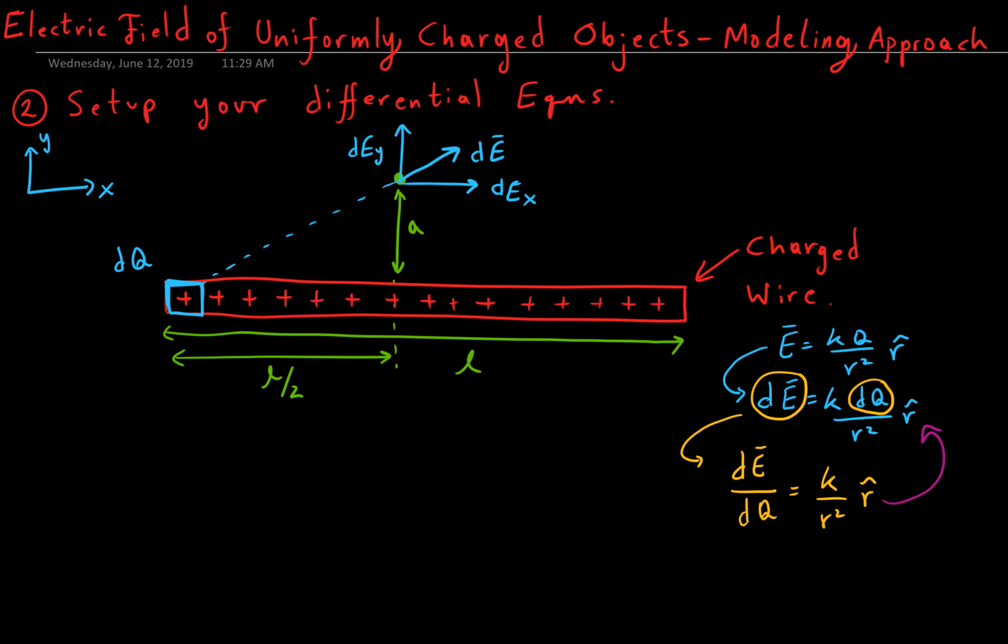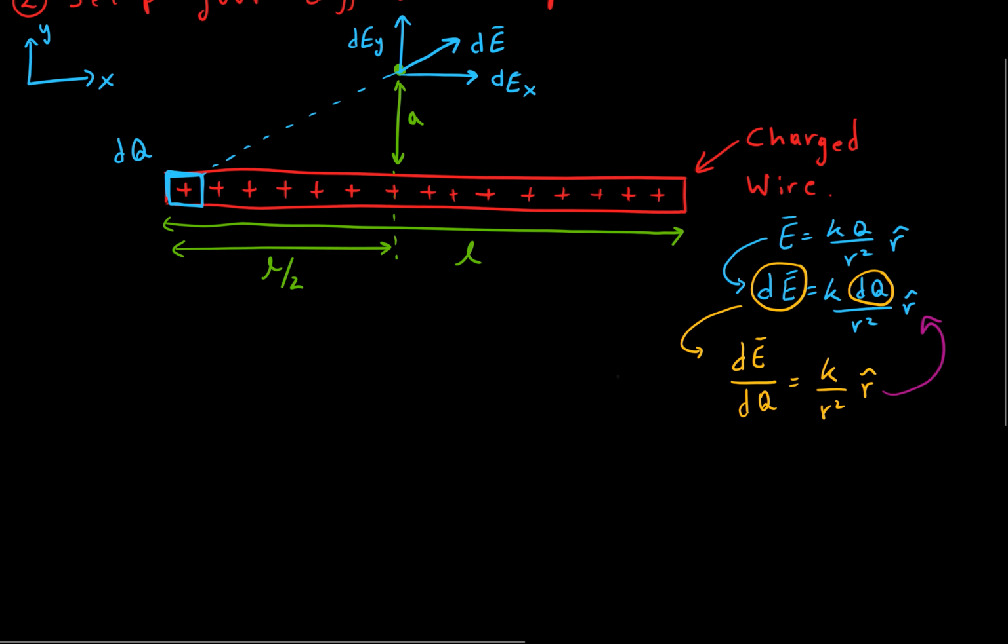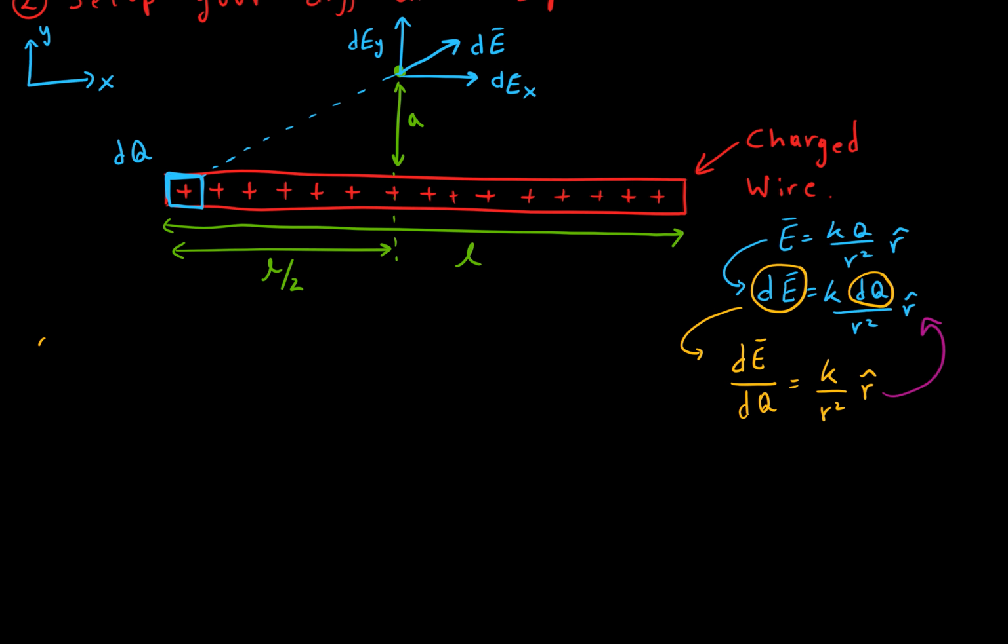So now, following this, it's pretty easy to describe our electric field. So here we go. We see for our first equation, dEy is going to equal k dq over, and if I consider here that I have a right triangle, I see that this leg is a, this leg is L over 2.